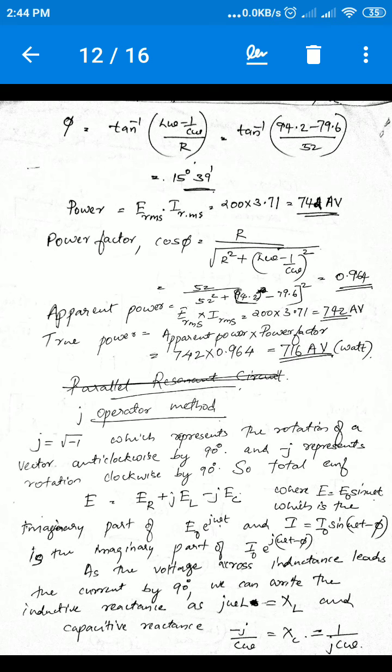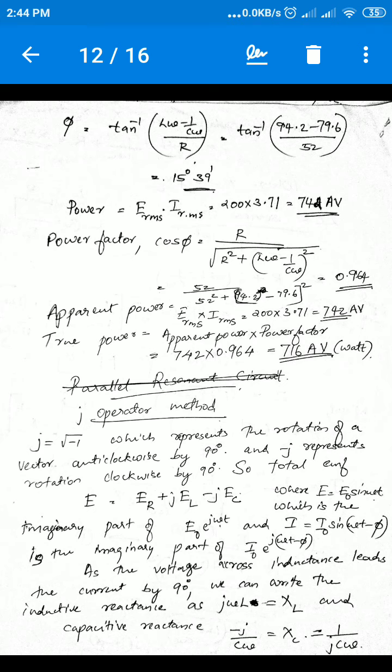Exponential j omega t we can write as cos omega t plus I sin omega t, so E0 into cos omega t plus I sin omega t. In that equation, the imaginary part is E0 sin omega t. So E equal to E0 sin omega t is the imaginary part of E0 exponential j omega t.